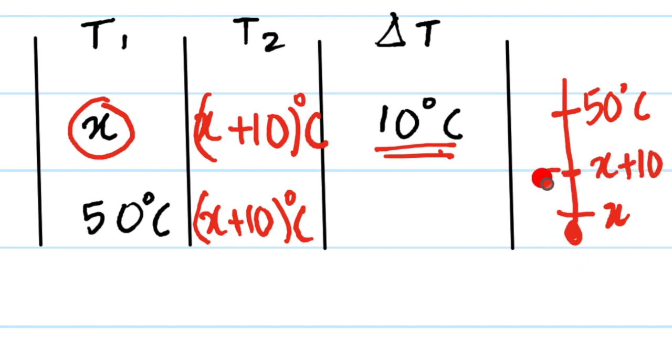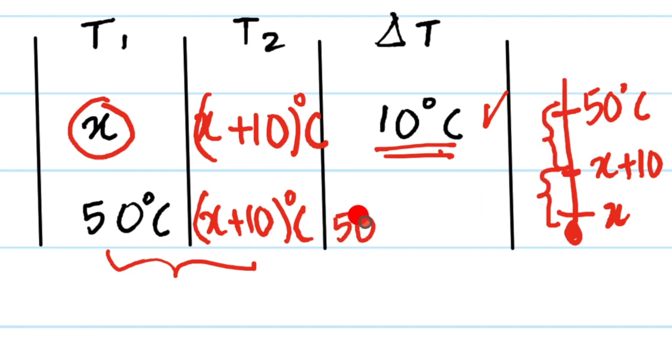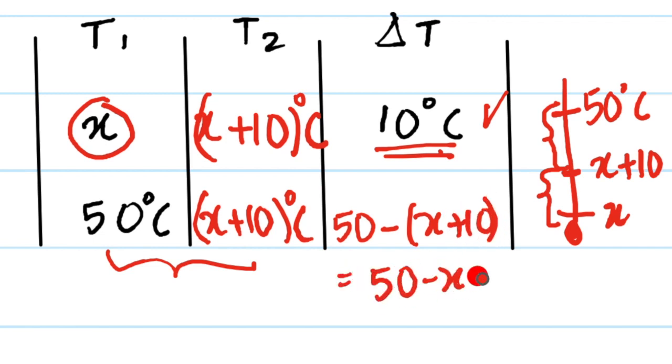Now, if I take the difference between these two, that is going to be this minus X, that is 10, we already know. But for these two, the difference between the temperatures will be higher temperature minus lower. So it becomes 50 minus (X plus 10). That gives us 50 minus X minus 10, which means it gives us 40 minus X, right?